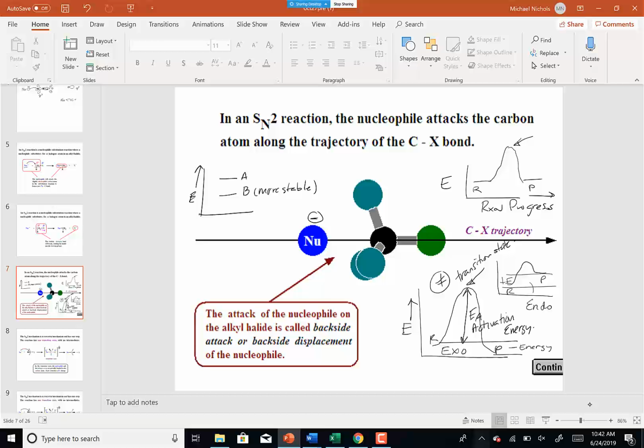It is real from the standpoint that it exists, but it only exists for a very short time because it's such high energy. And the transition state is where the bonds are going to be made and broken. Sometimes made, sometimes broken, sometimes both. In this case, it's both. So in this case, in the transition state, I'm going to be making a bond and breaking a bond at the same time.